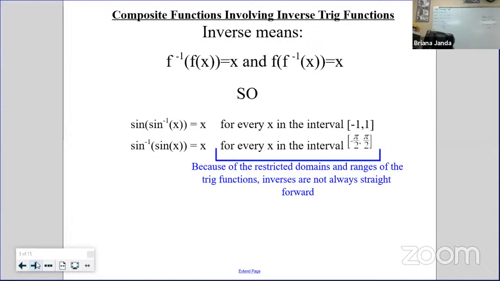And although that is kind of true for our inverse trig functions, you have to be very careful because of the restriction on our domain and ranges. So looking at these very carefully, if we did the sine of the inverse sine of x, you will get x for everything that is on the interval from -1 to 1.